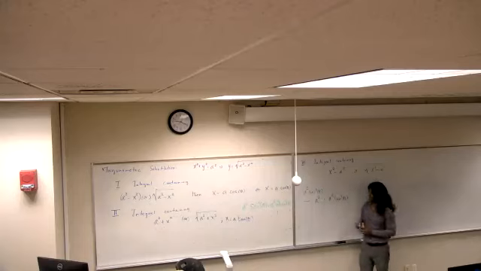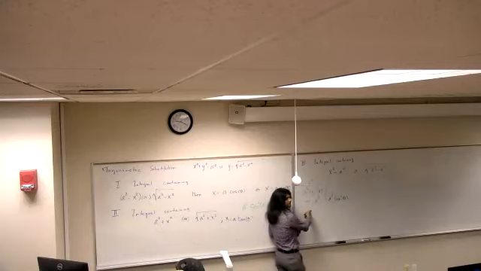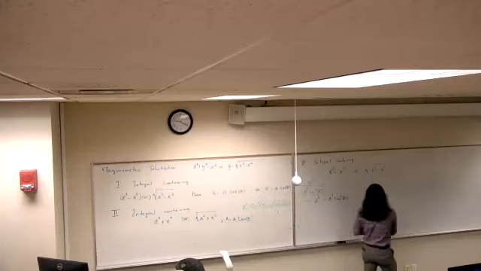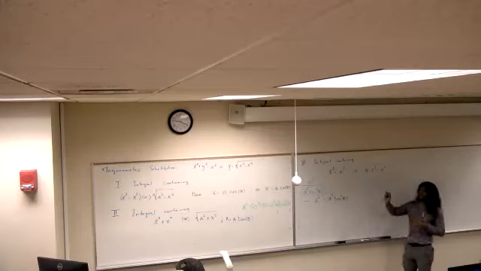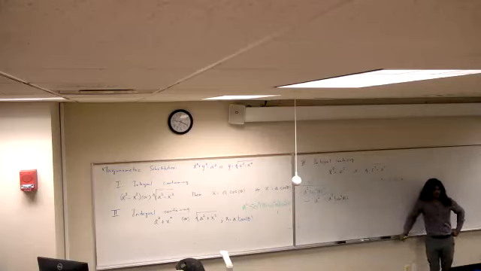Of the form x squared minus a squared. So if you see x squared minus a squared, square root of x squared minus a squared, third root, and so on, the substitution that you must use is a secant theta.